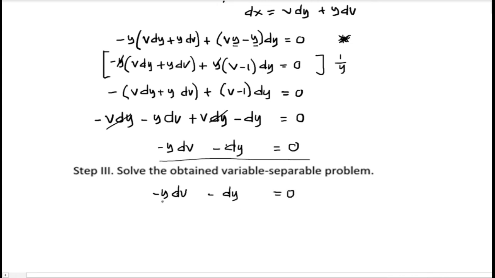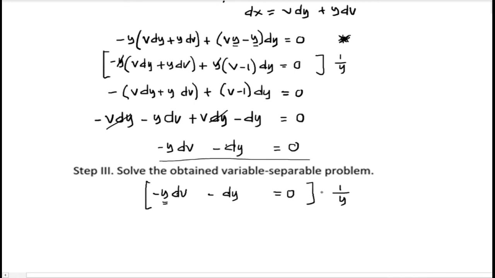As noticed, we are going to transpose y to the other term. So we are going to multiply this equation by 1 over y. At the same time, you notice that both terms are negative. It is better if we can convert this into a positive sign.